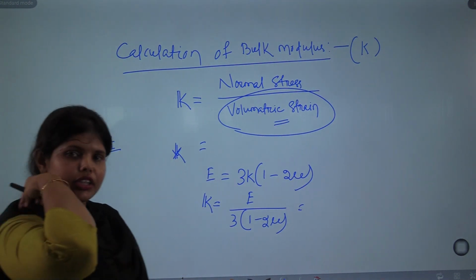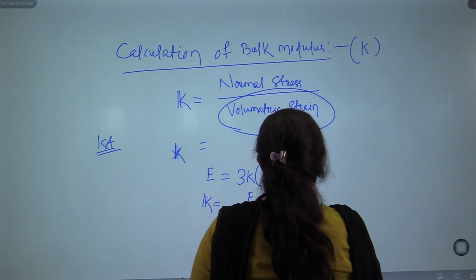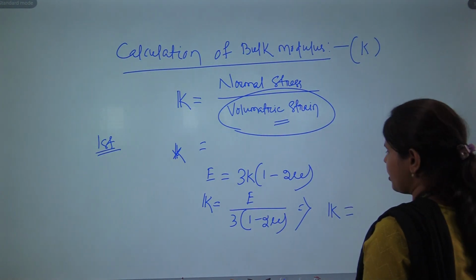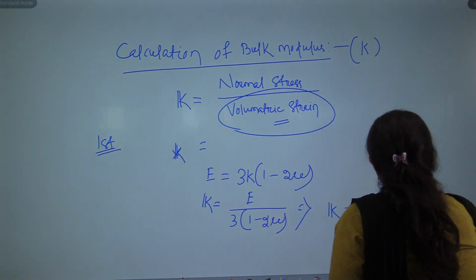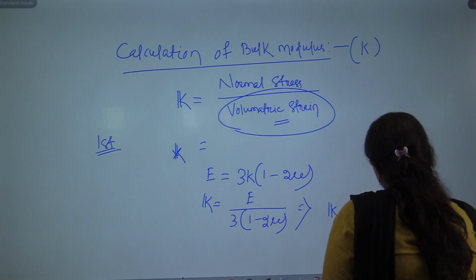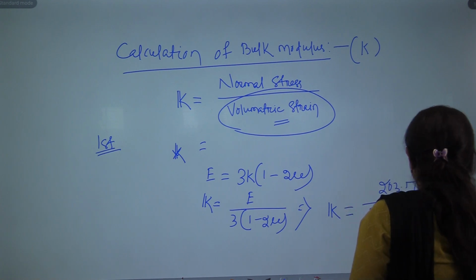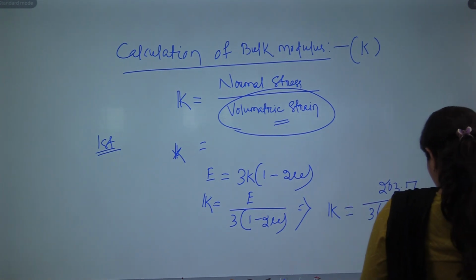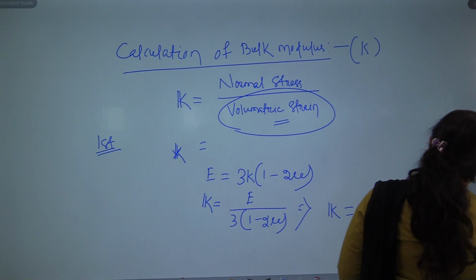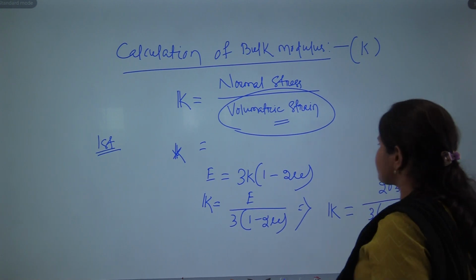Now, by putting the values of E and mu, we can get the result. K will be 203.7 upon 3 into (1 minus 2 into 0.3). So, it equals 160.8 kilonewton per mm square.